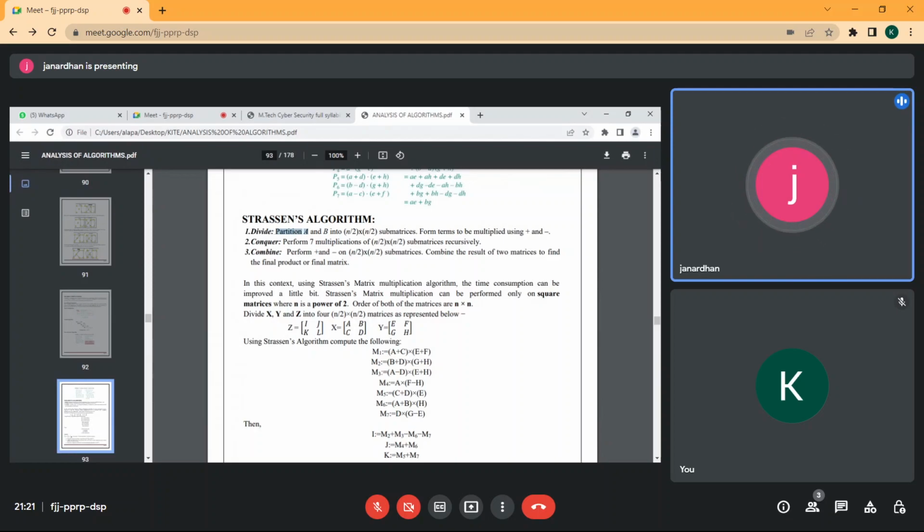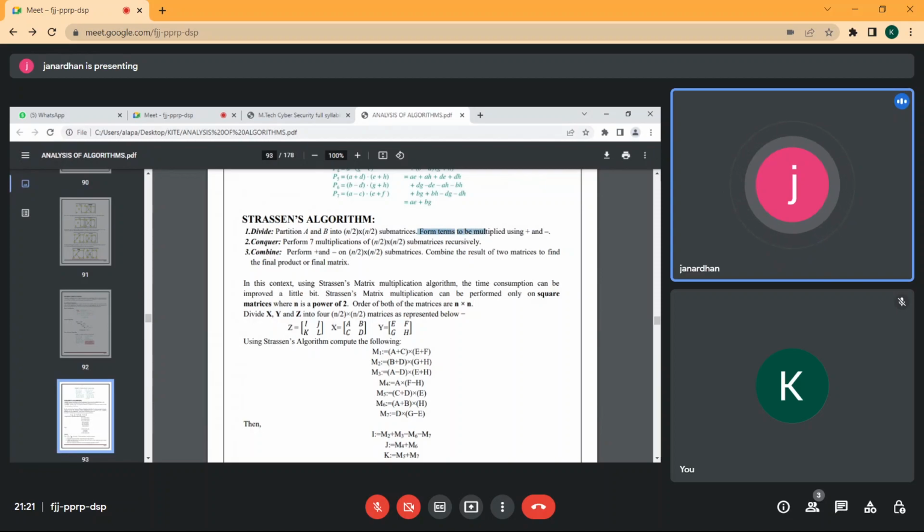Divide, partition A and B into n by 2 submatrices. First, divide the matrix A and matrix B into n by 2 submatrices. Initially, the matrix size is n. We need to divide into n by 2, okay, for A and for B also.